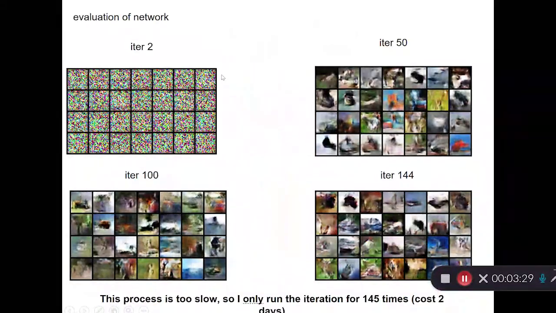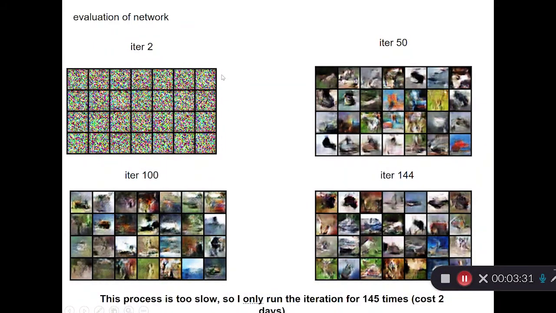And this is the data during the proximal training. The process is too slow, so I could only run the iteration about 150 times, and this cost me about 2 days. It's a very slow process.